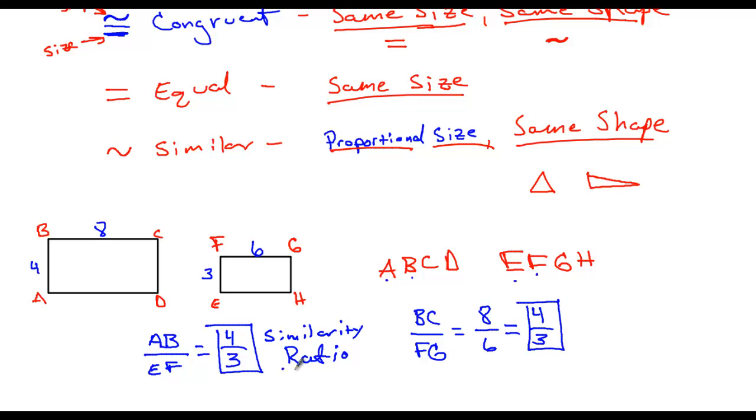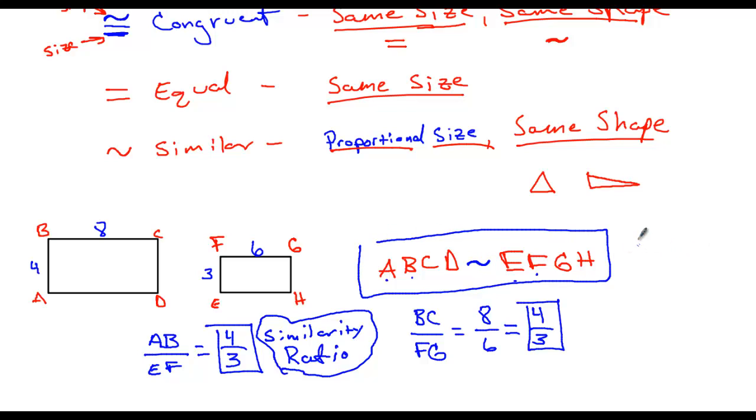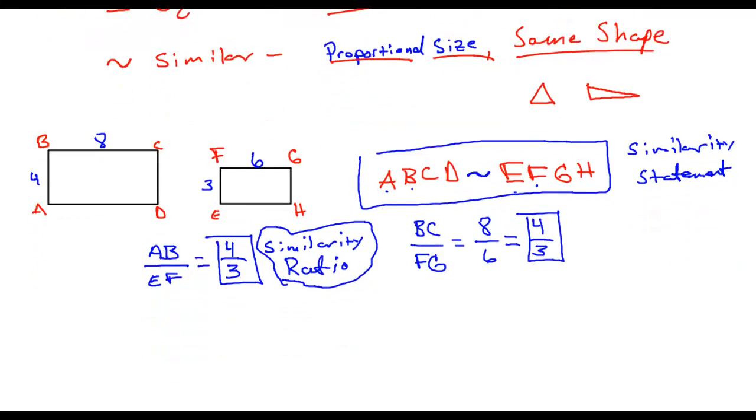So our similarity ratio from rectangle ABCD to rectangle EFGH is 4 over 3. And we can put in between these a similar symbol. And this is called a similarity statement. Just like a congruent statement we had with triangles last unit, this is called a similarity statement. So these rectangles are similar.